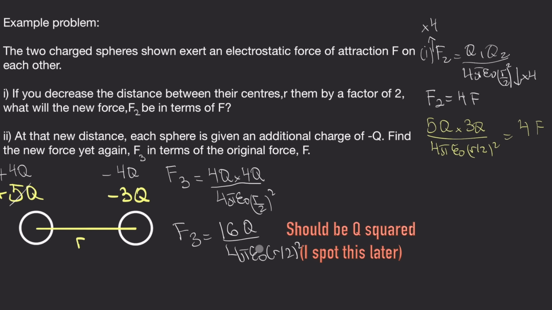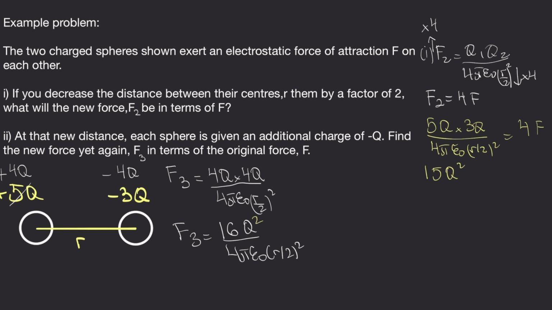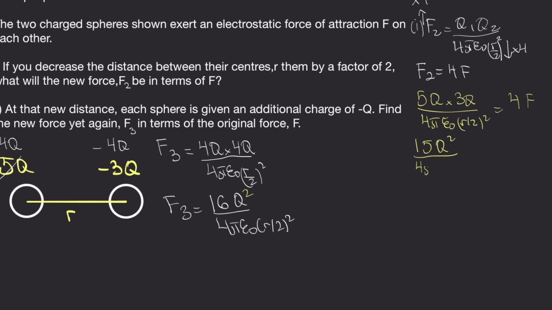Now I'm going to pick a common variable between them. This appears quite a lot in AQA physics, so this could be just the charge q, for instance. 5 times 3, oh, there's a missing square here, really important, let's add that. 5 times 3 will be equal to 15q squared over 4 pi epsilon naught (r over 2) squared, which will be equal to 4F.